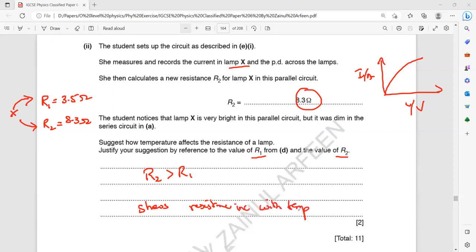So if the temperature of a lamp increases, the resistance will also increase. Is it clear? The last part. Yes, sir, clear.